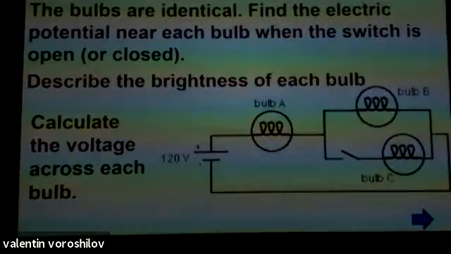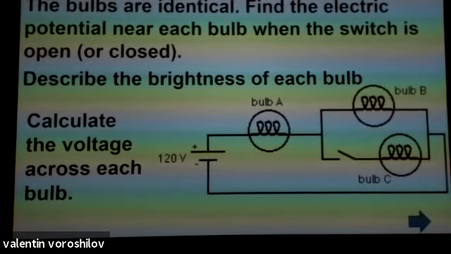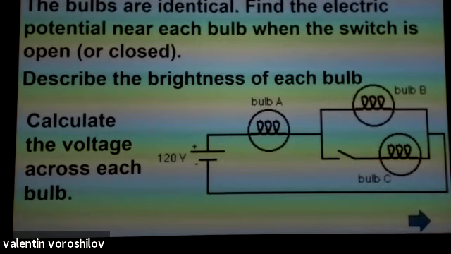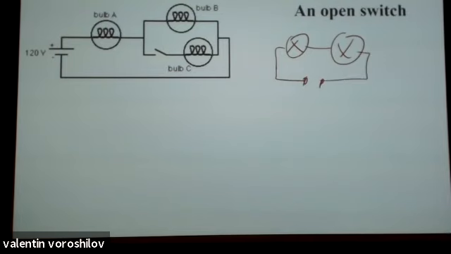What matters is if we know the relationship, if it's the same or different. Of course, first we need to redraw the circuit with only 2 bulbs. If the 3rd bulb is not a part of a circuit, why do we have to keep it? So we've got 1 bulb, we've got 2nd bulb, and we've got the battery connected. That's it, nothing else.